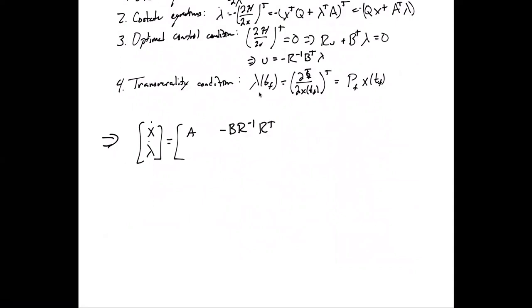On the bottom here we got negative Q, and then minus A transpose, times x and lambda, with initial condition x naught and final condition lambda at TF equal to PF x at TF.